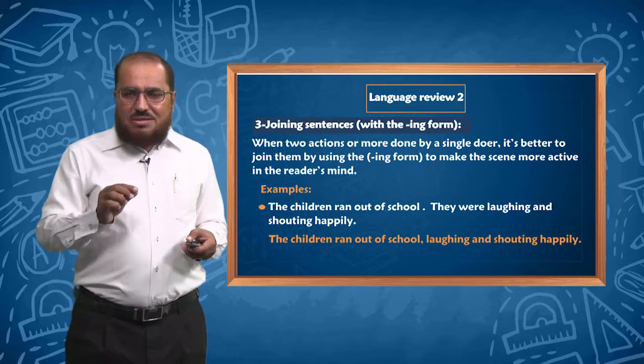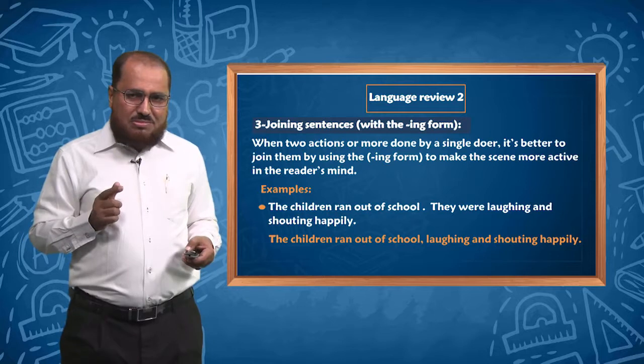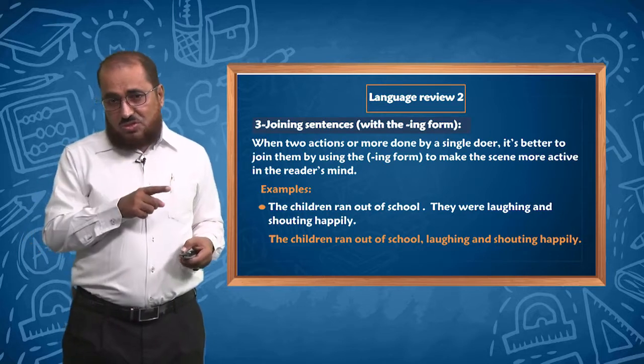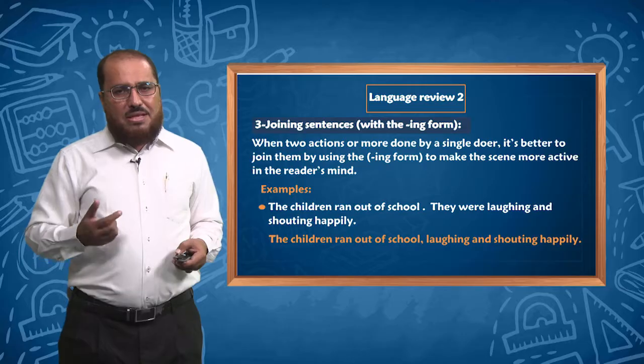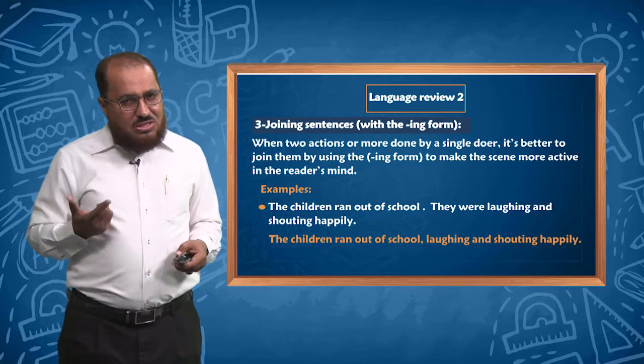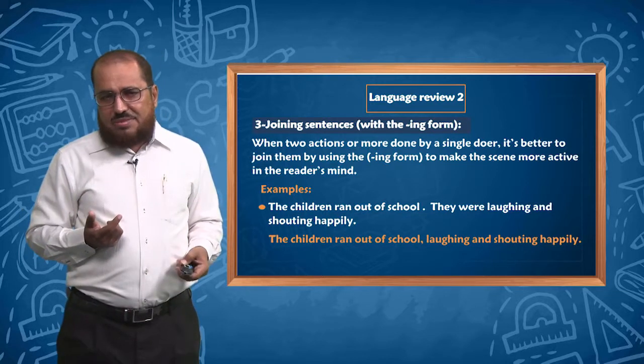We have deleted the subject pronoun here, they, which refers to the children, and also deleted the verb to be. Okay, we just keep the ing form, laughing and shouting, and the sentence is presented strongly, and it also moves the imagination in your reader and also in your listener. More example.